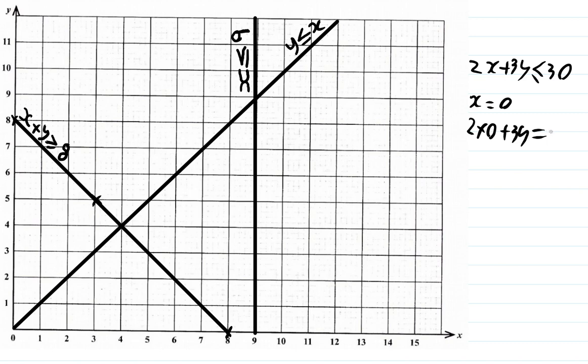So 2 times 0 plus 3y equals 30. 2 times 0 is 0. So 3y equals 30. 3 times what gives you 30? 3 times 10. So y equals 10. We could divide both sides by 3. So when x is 0, y is 10. Where is that point? When x is 0, y is 10. It's up here. So we plot up here.